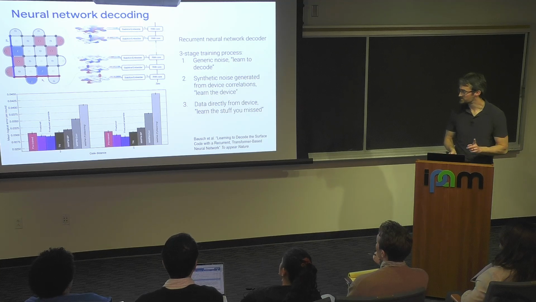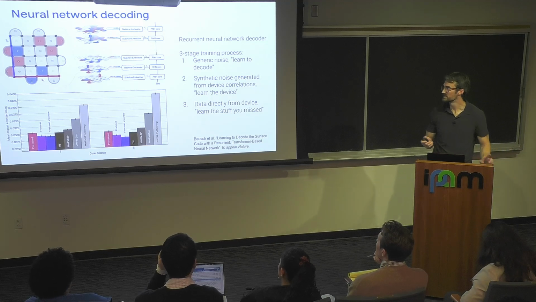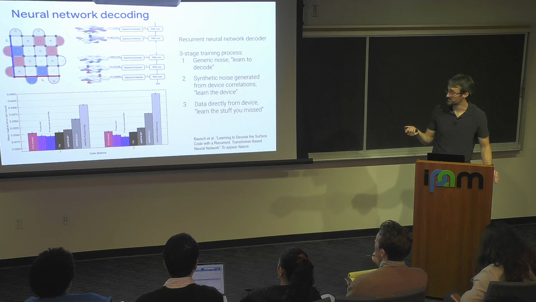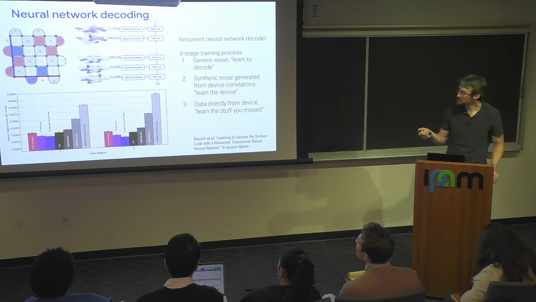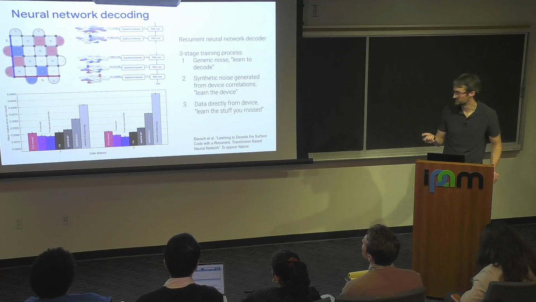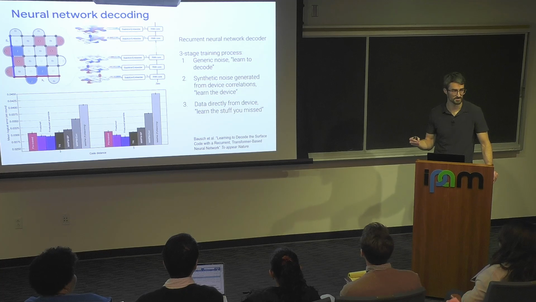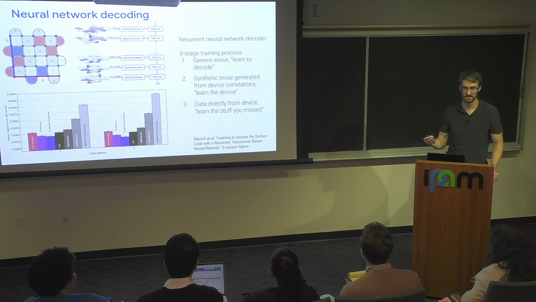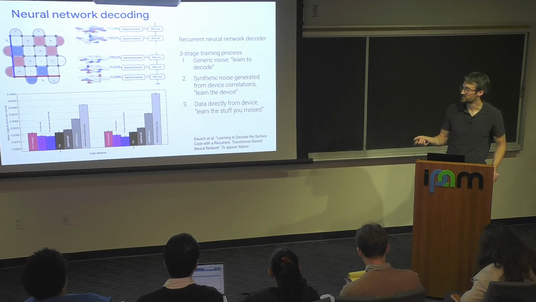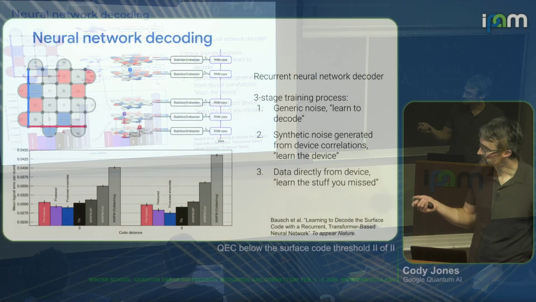So I'll talk about speed in just a moment, but there's this other really interesting decoder, the neural network decoder. The neural network decoder is taking some deep insights from transformers, which, as you may know, have been central to the last few years of AI development, and applying them to decoding surface codes.